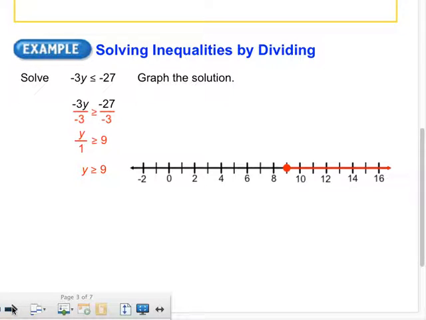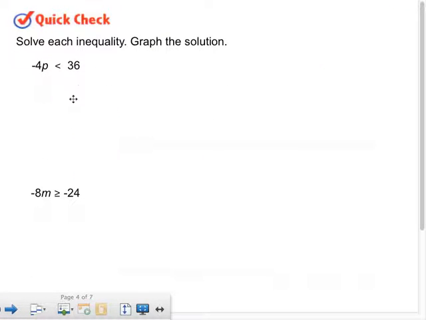Okay, moving along, next example. I want you to try these two problems right here. Solve them and graph them.